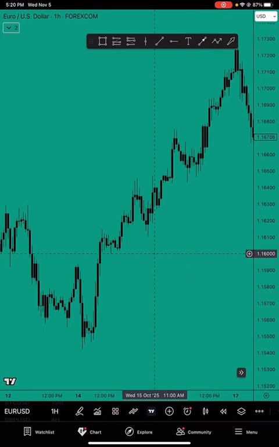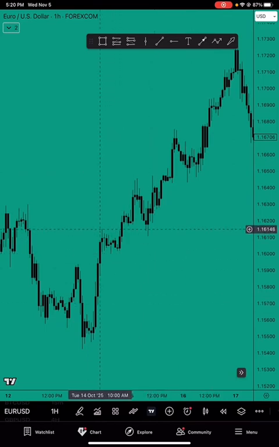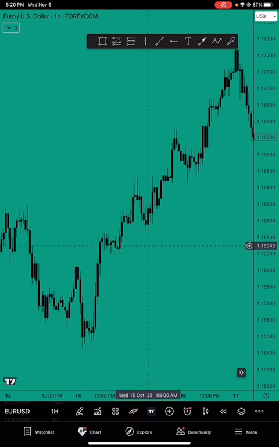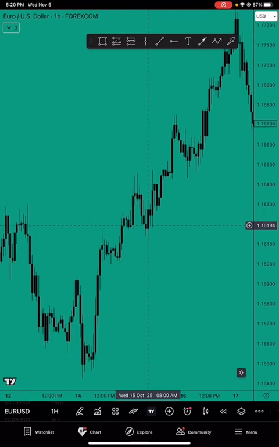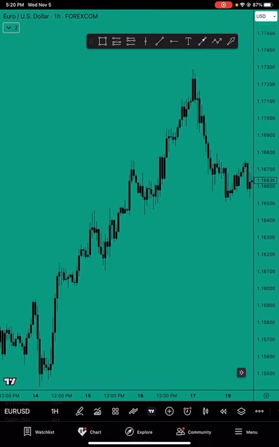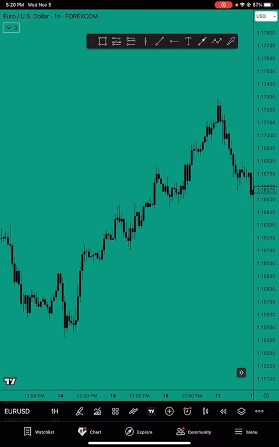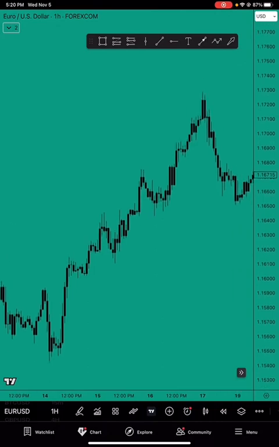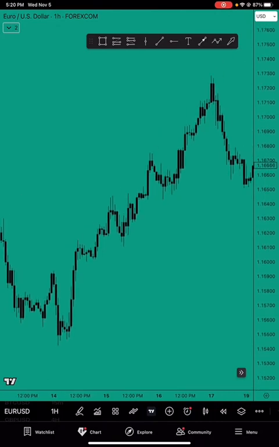You know the correction is over once you see price pull back to a level. Look here, price pulled back to this level, but it didn't necessarily break it. And then you had a nice strong candle in the opposite direction that was bigger than the previous two candles. That's price action. That's knowing your candles. If you're going to be trading, if you're going to be risking your money, you have to know what you're looking at. You have to know what to look for.